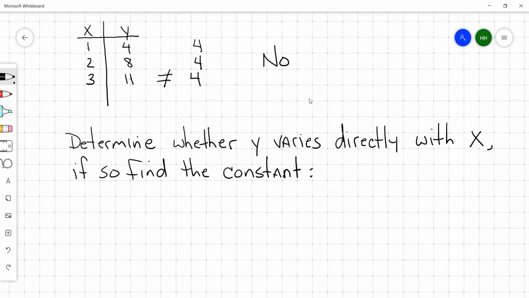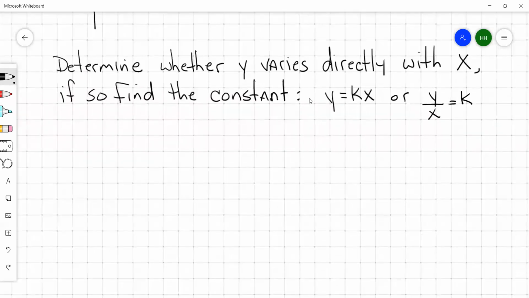All right, so watch. You just wrote this down a minute ago, but for direct variation, you've got y equals k times x, right? Or you've got y divided by x equals k. Either of those are direct variation. So let's say you're given a formula now, something like y equals 15x.